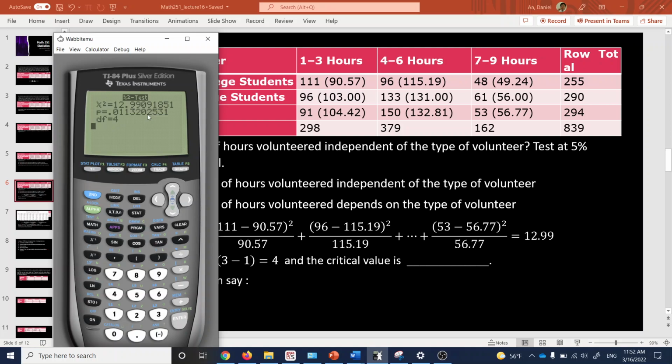Here, there is no such thing. It's just simply independent, dependent. So in that sense, this is easier actually, because you don't have to think about left tail, right tail, or two tail.